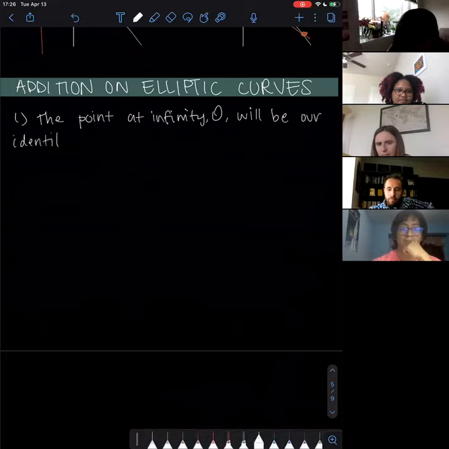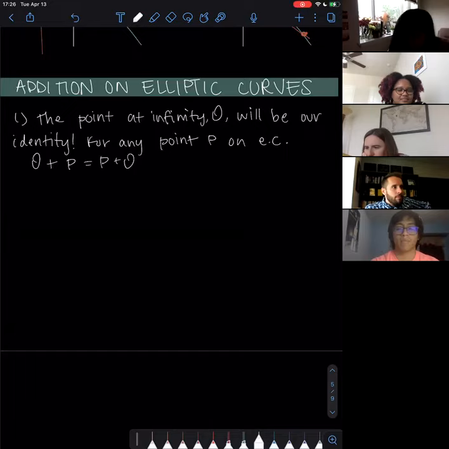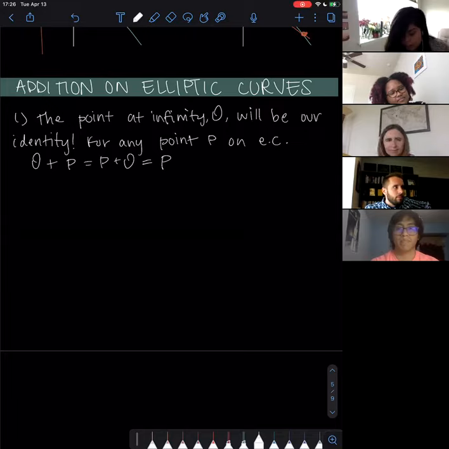So just like 0 in the real numbers, we can say for any point P on an elliptic curve, 0, or the point at infinity plus P, or in the reverse way, P plus a point at infinity will give us back P. This is what we want to be true because we want the point at infinity to be our identity, right?